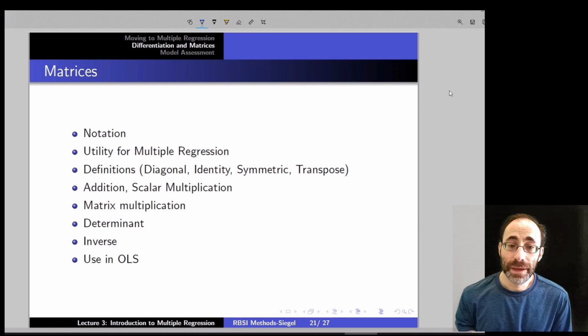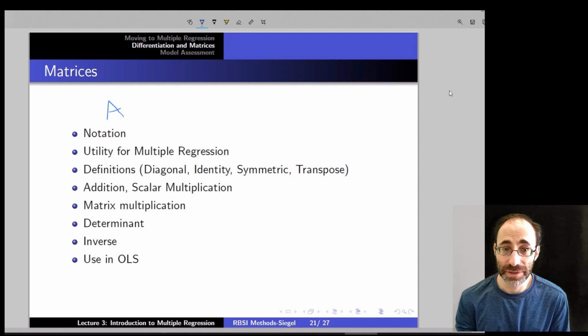Okay, so we have definitions for addition and scalar multiplication. It's the same kind of logic as for vectors. To add 2 matrices, you can add any 2 matrices that have the exact same number of rows and columns. So if you have a 2 by 2, you can add any other 2 by 2 matrix, and you add it element by element.